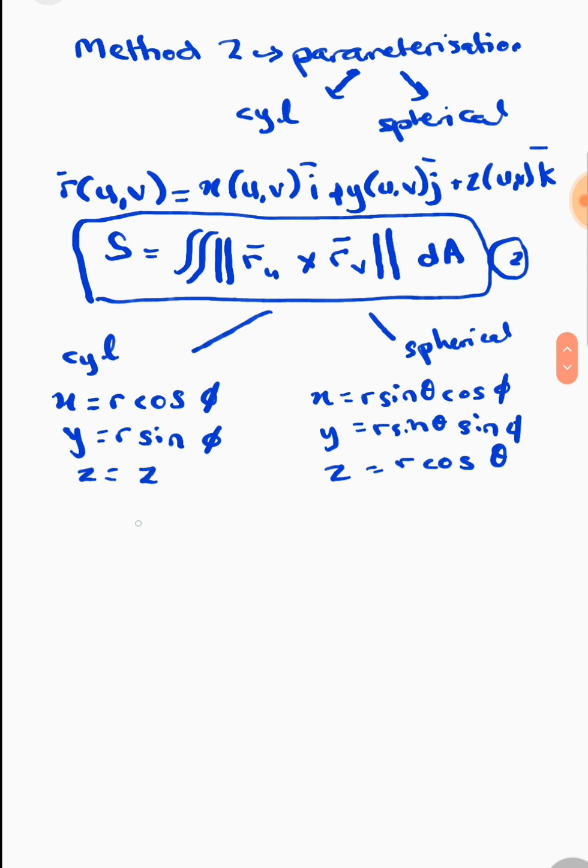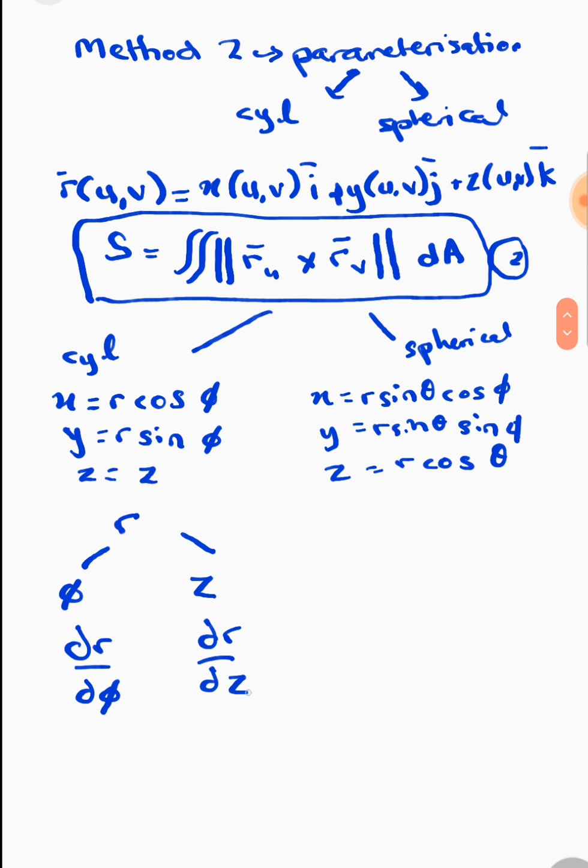In this case, your r revolves around your phi and your z for the cylindrical shape. So what it basically means is that you're supposed to be finding dr over d phi and dr over dz.